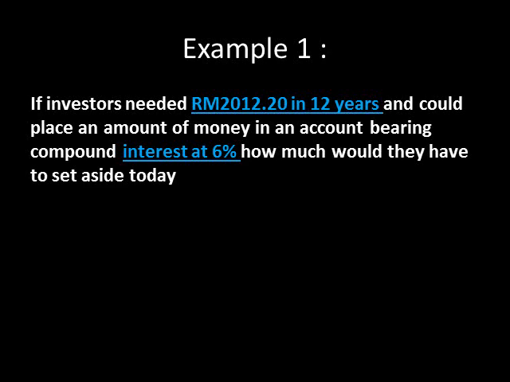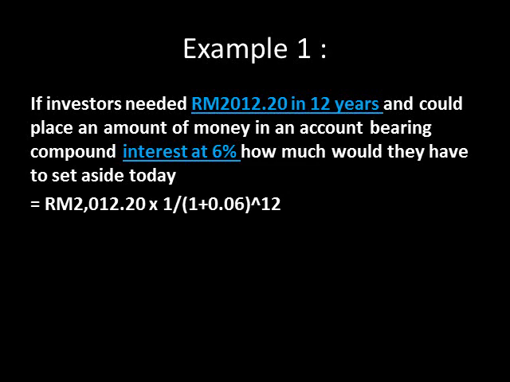Here we counter check the example of the amount of 1 ringgit. Previously, you kept 1,000 and you got 2,012 ringgit 20 cents. Now the PV is the opposite. Let's assume we want 2,012 ringgit and 20 cents after 12 years. What is the amount of money that we need to keep today?